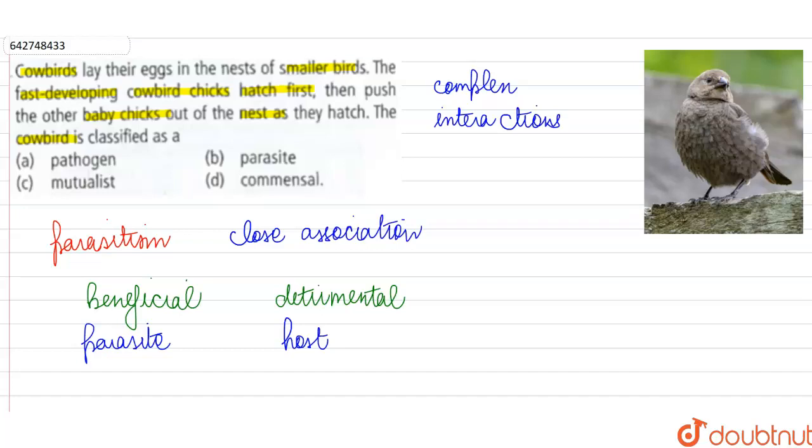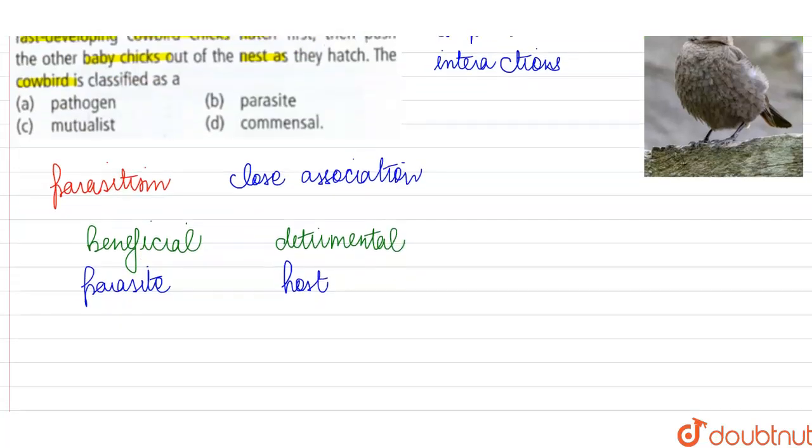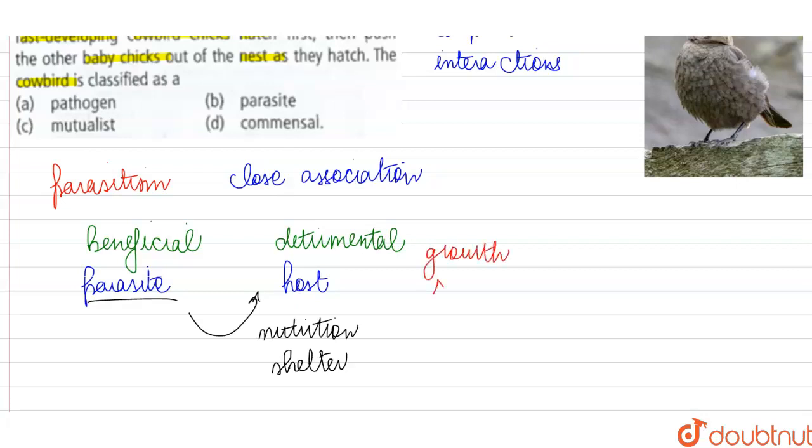So generally in parasitism, the parasite is going to obtain free nutrition and shelter from its host. So obviously the host is harmed in this case because the parasite is going to disrupt all of its physiological activities, its growth, its reproduction.